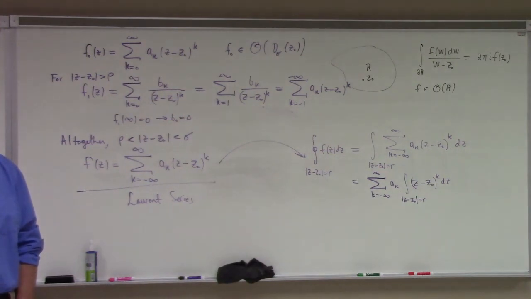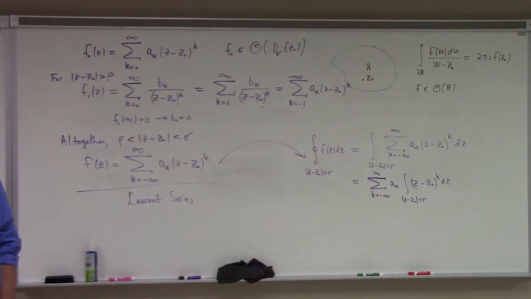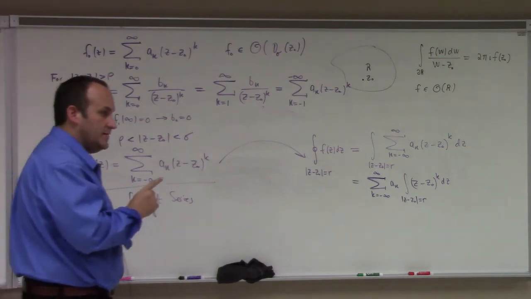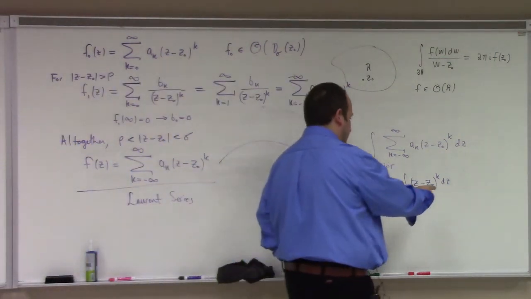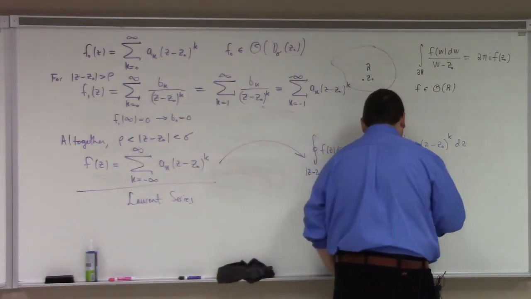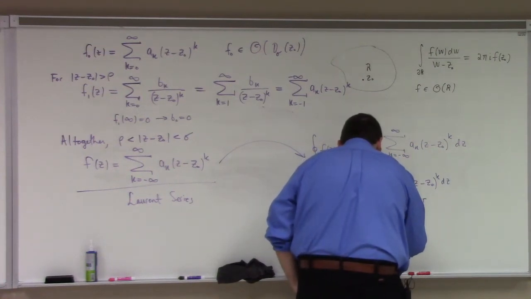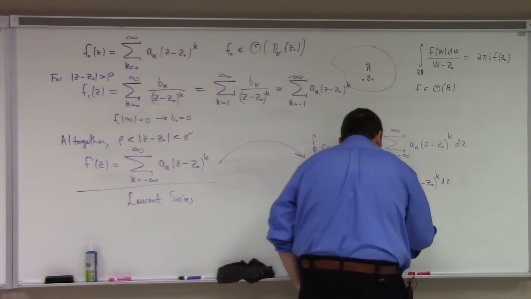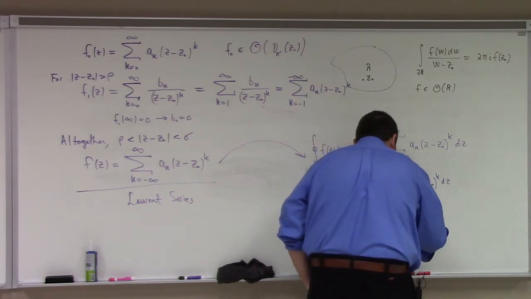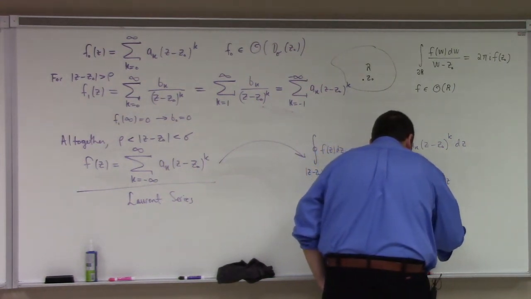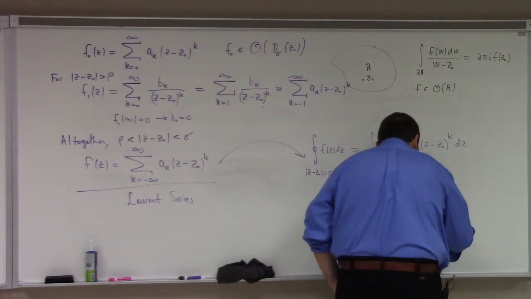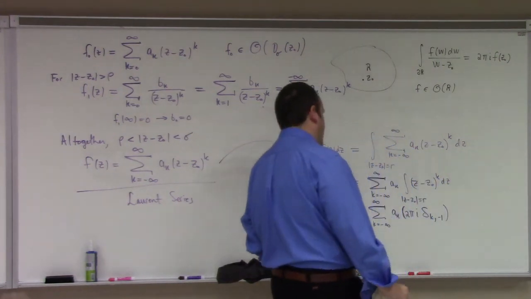And in almost every case, it just works out to 0, except for one special case, which is k equals minus 1. K equals minus 1 is the one time that this doesn't work out to 0. So in short, when you do the calculation, what you get is a sub k times 2 pi i Kronecker delta of k comma minus 1, which is just a way of saying that the integral is 0, except when it's not.